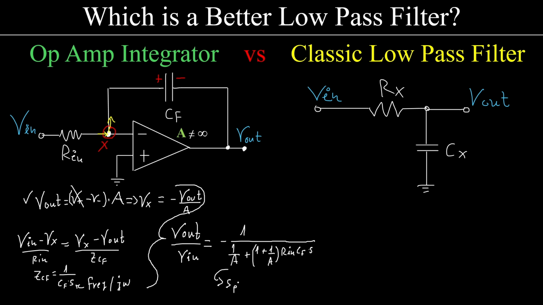So if we do the math, SP is going to be equal to... so this is the pole. This pole just tells me that when the frequency reaches this point and onwards, in the input, this means that the output is going to start to reduce and we have the integrating behavior.